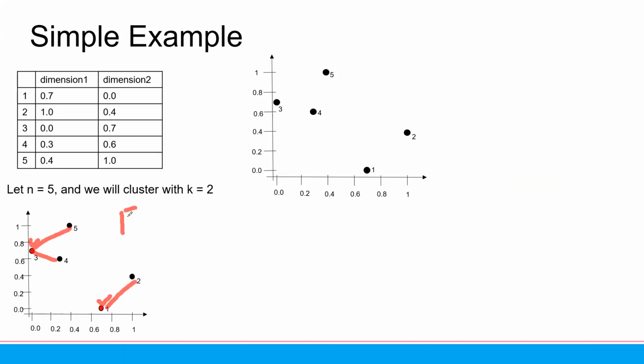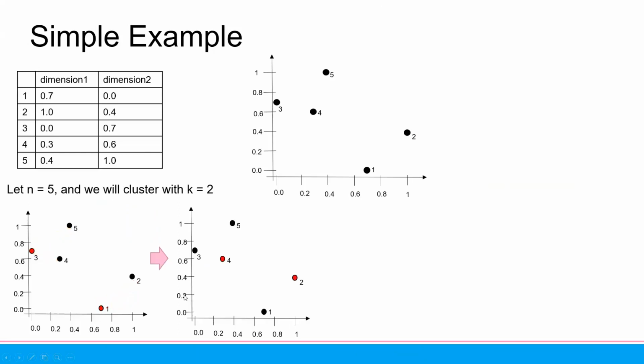So we can calculate the error from this iteration. And then next, we check if the most centrally located object is chosen as 4, and the other object is 2.